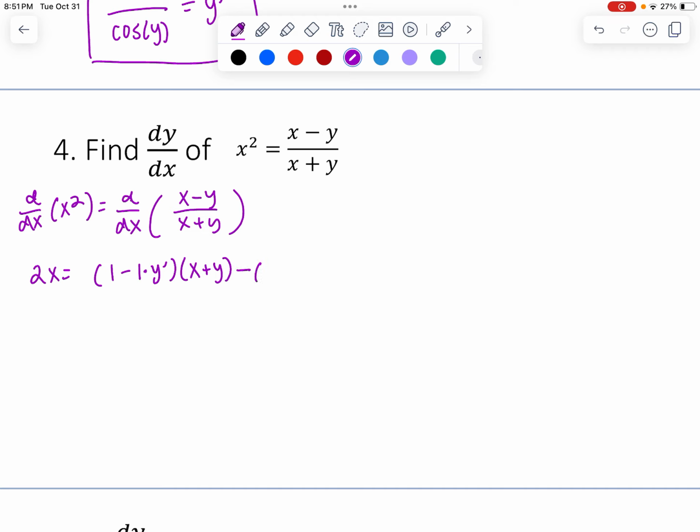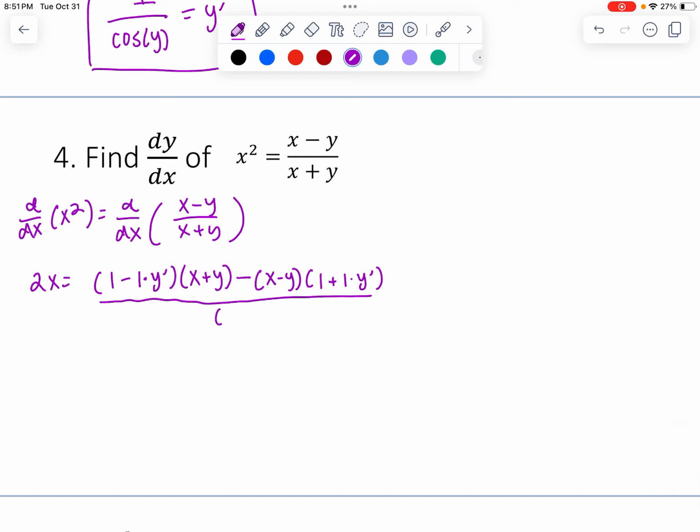And then I do minus the original numerator, x minus y, times the derivative of the denominator, which would be the derivative of x with respect to x is 1, and then the derivative of y with respect to x is 1 times y prime, because the derivative of y would be 1, but then you have to multiply it by y prime every time. You do that because you're taking the derivative with respect to x. And then the denominator just stays the same.